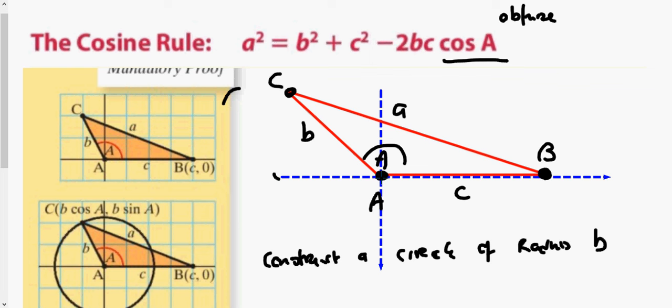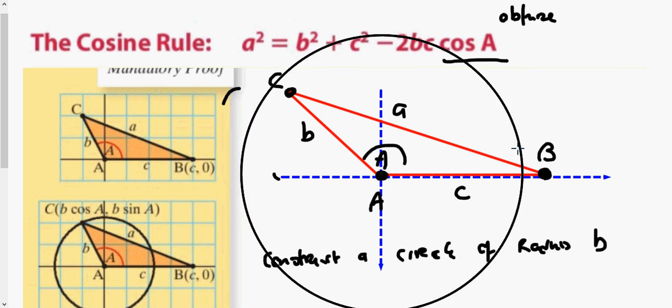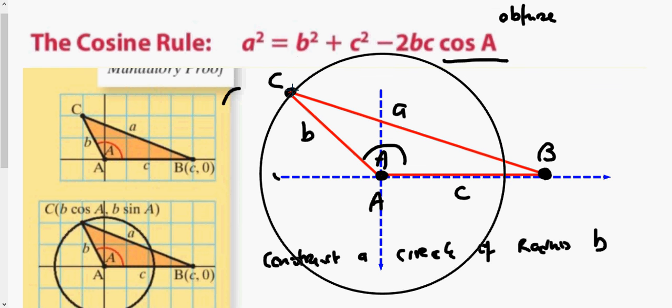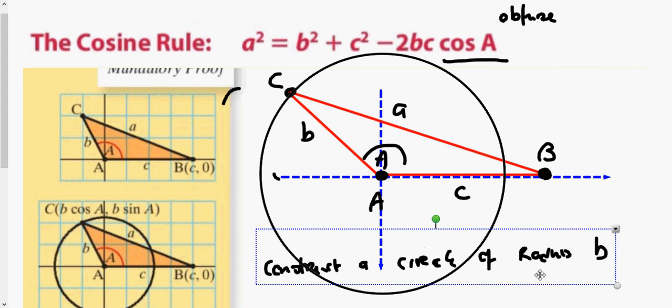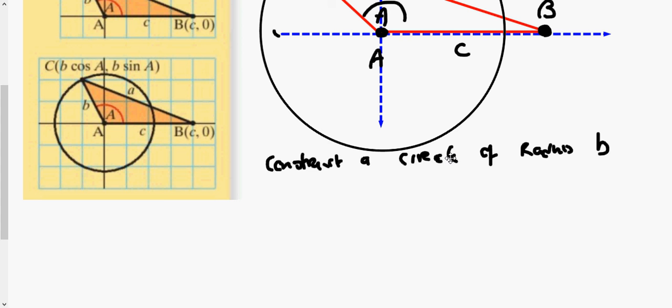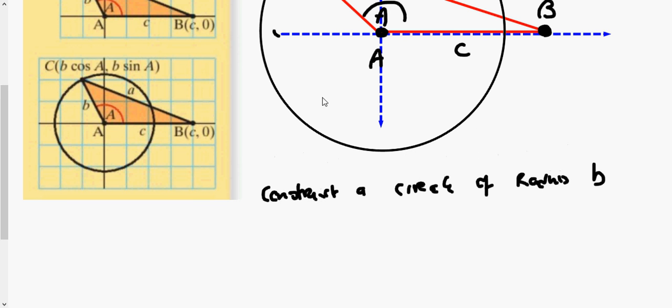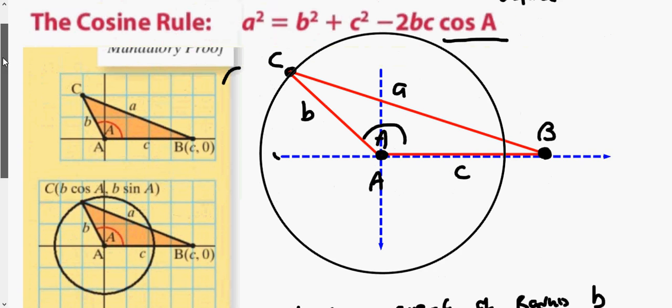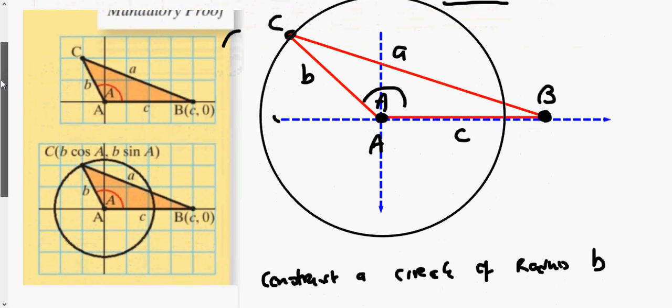Because I want my coordinates to be on the circle using angle A. I want to use angle A to find my coordinates. Is that alright with you guys? So here's what we're going to do. Construct a circle of radius b centered at point.